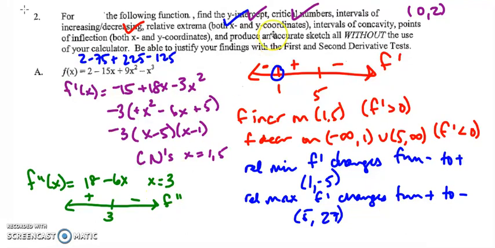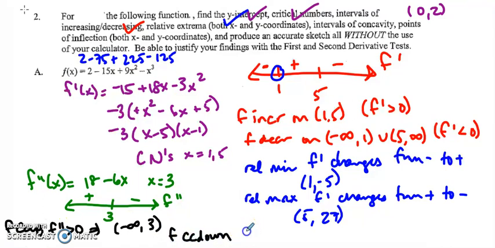So f is concave up where f double prime is greater than 0. That's from negative infinity to 3. F is concave down where f double prime is less than 0, that is 3 to infinity. So now I have intervals of concavity.